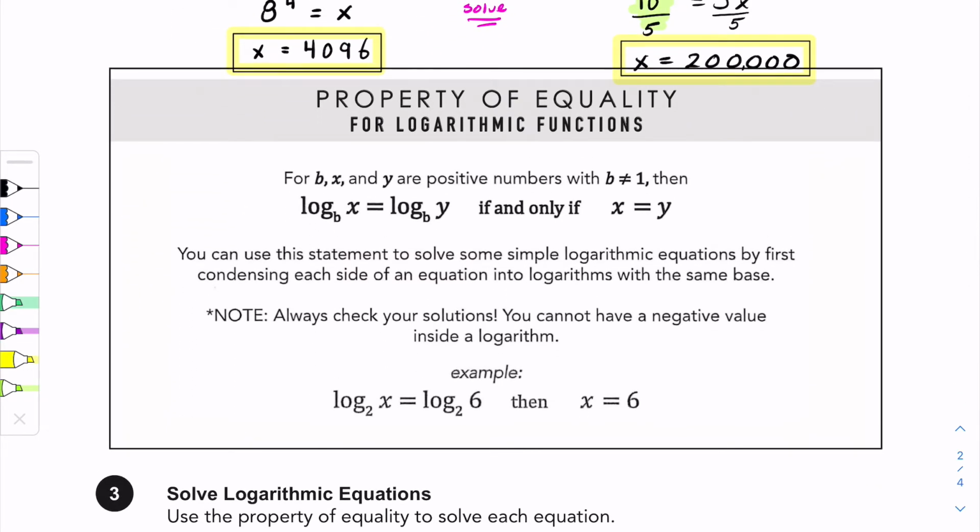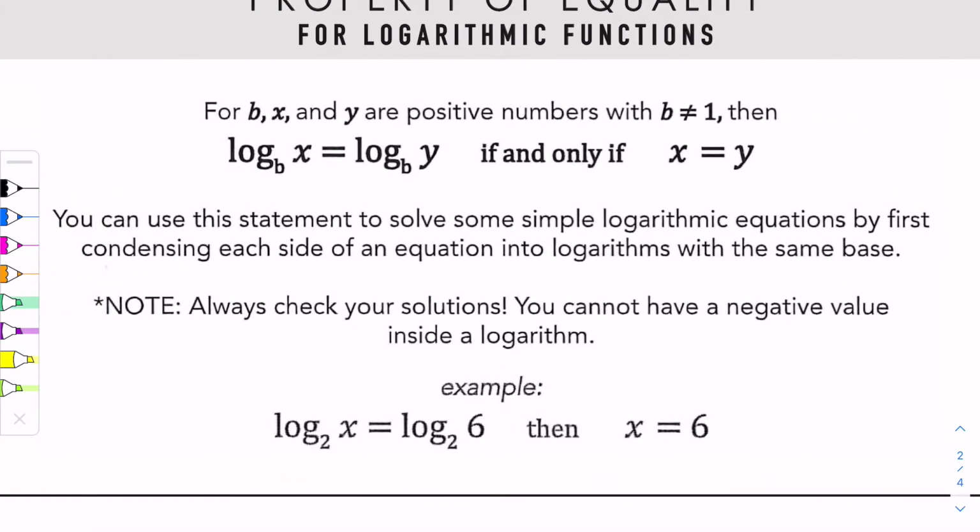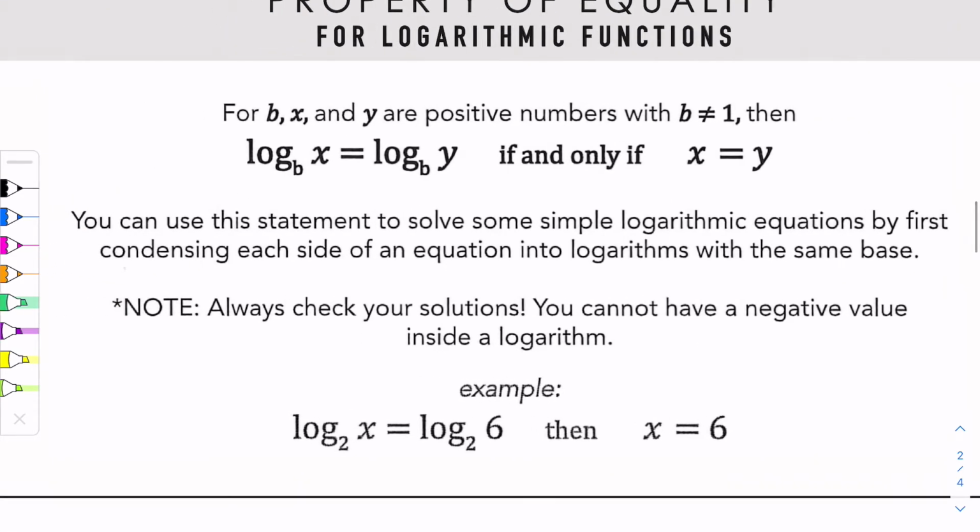The next property we're going over is the property of equality, but for log functions. And this property states that if you have a log on both sides of the equal sign, and within those logs, the log and the base is the same, then you know that the argument x is equal to y. That would be this value is equal to this value.